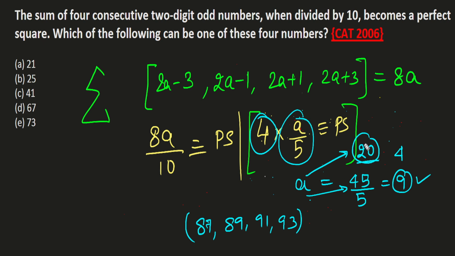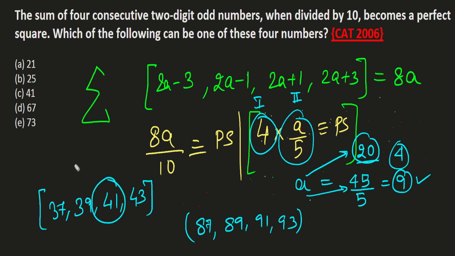But with a equal to 20, because 20 by 5 is 4, which is a perfect square, the numbers are 20 into 2 is 40, 40 minus 1 is 39, and 41 and 43 and 37. This was the next set of numbers, with 41. So this is the answer. So a equal to 20 is a potential solution to this question.